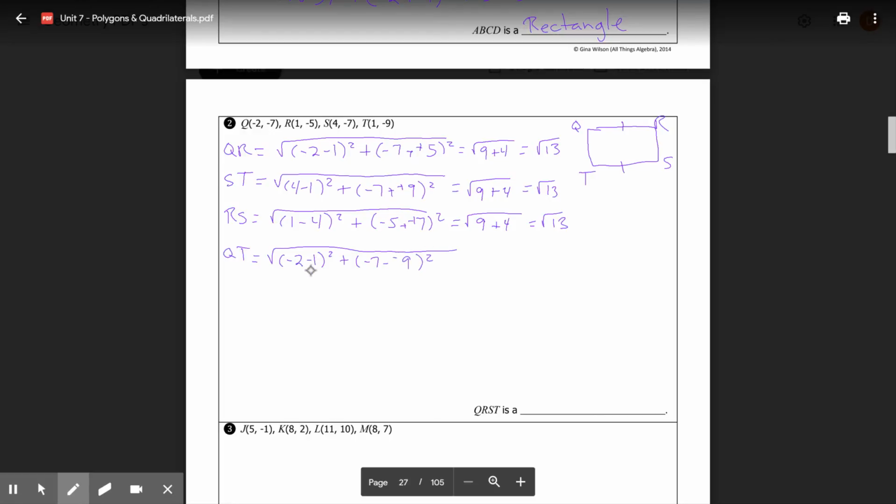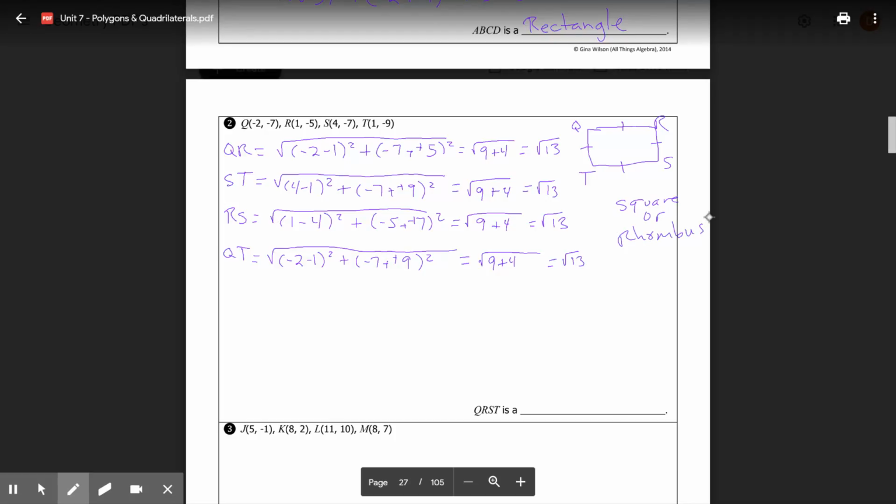Okay, so -2 minus 1 is -3. -3 squared is 9. -7 minus -9 is the same as plus 9. So that leaves you with 2, and 2 squared is 4. So we end up with the square root of 13. So since these are all the same, they're all congruent, this is either a square or a rhombus.